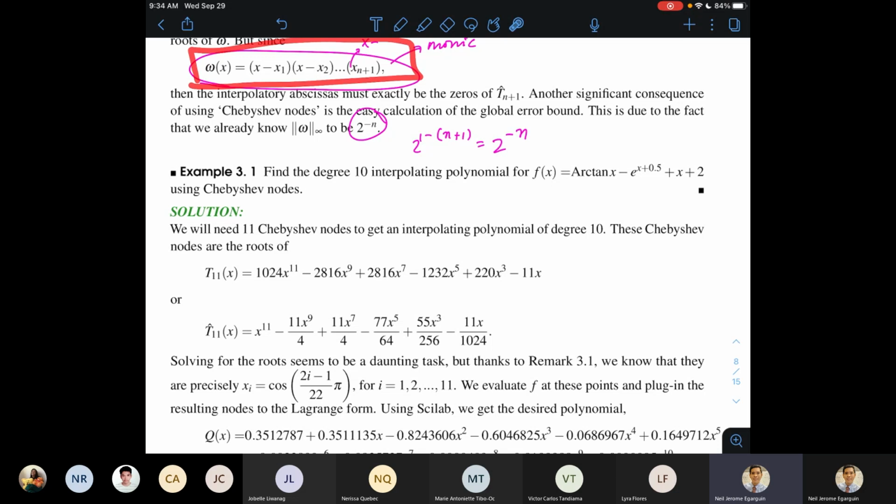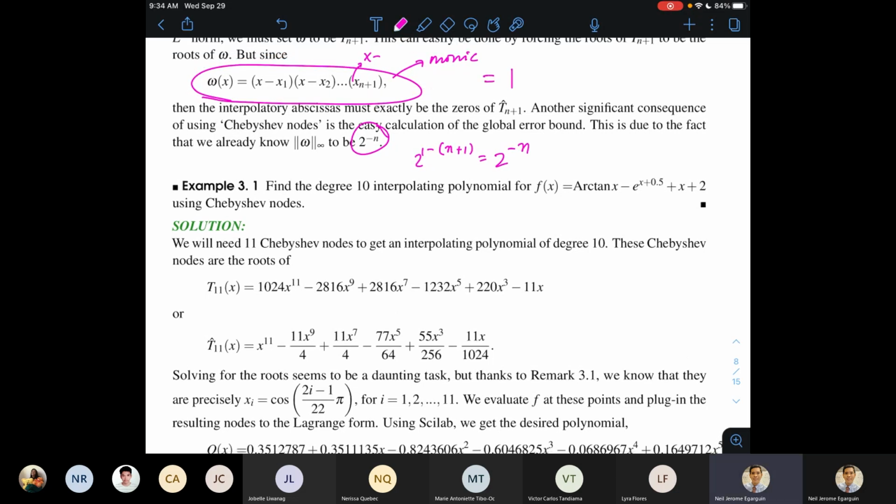By definition, ito yung itsura ni omega. Pero gusto kong maging equal to sa T hat sub n plus 1. Kasi nga, ang may pinakamaliit na L infinity norm ay yung mga monic Chebyshev polynomials. Wala nang iba. Sila lang yung nakaka-attain ng minimum L infinity norm. Okay? Parehas silang monic. So, ibig sabihin yung roots ng omega, ano ba yung nagpapa-zero sa omega? x1, x2, and x sub n plus 1, which are the interpolatory abscissas.